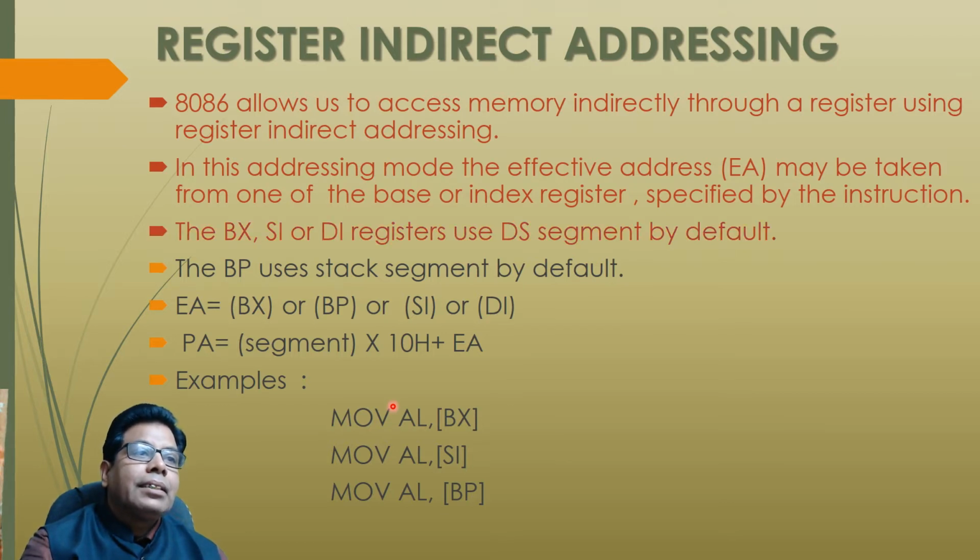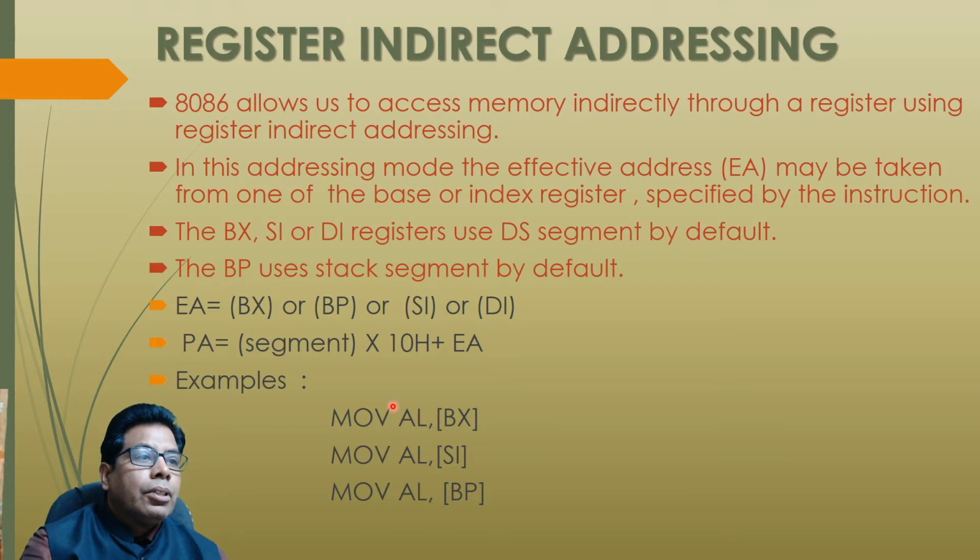The BX, SI or DI register use the DS segment by default, and the BP, that is the base pointer, uses the stack segment by default. So this is also important. You should know the default segments for understanding the addressing modes.